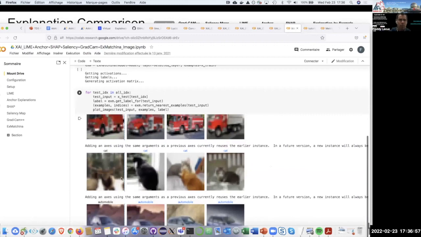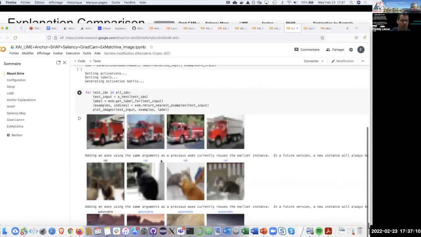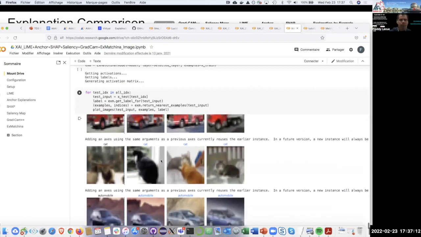So for truck, and you see for cat. Interestingly, this one, if you look at the latent space, the cats were close by. So that definitely means that using superpixel you don't get cat, you get stuff that's off.